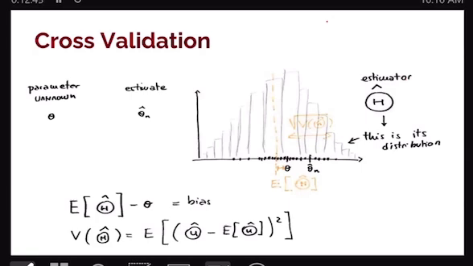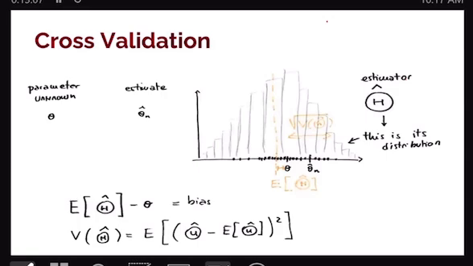Let's say, for instance, I have 20 different data sets: set of data group one, group two, group three, and so on. I use the estimator on each set of data, and I'm going to have a different value computed.